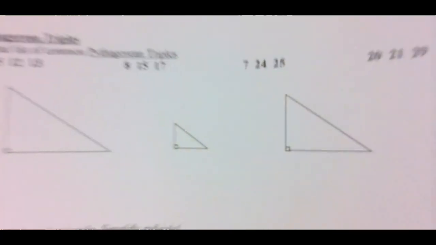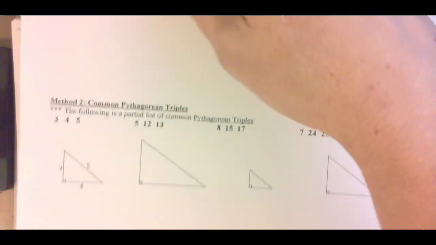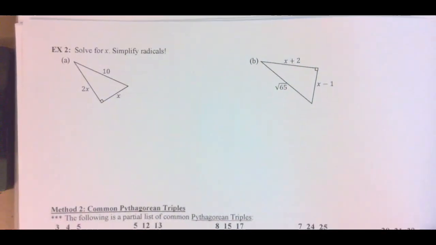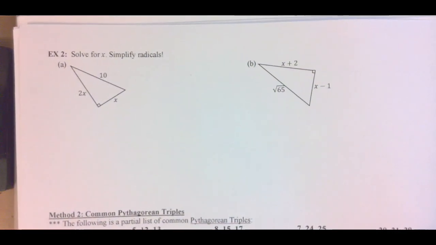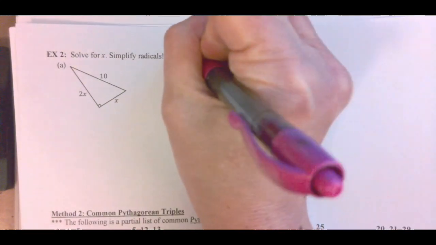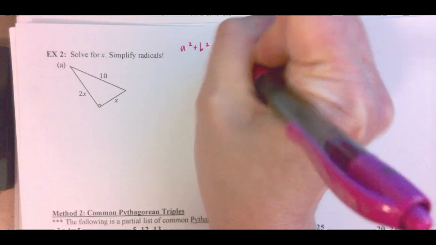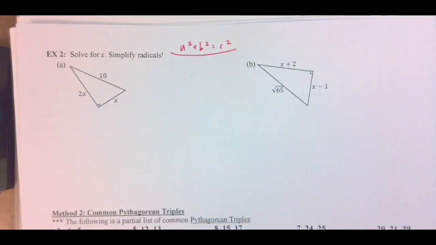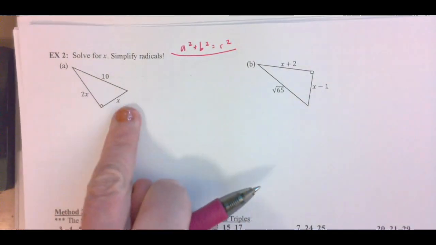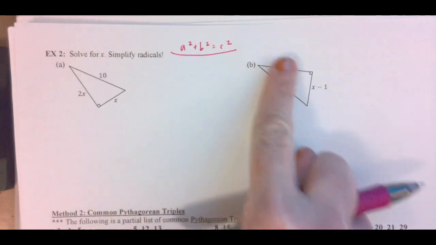All right, flip to the back. These two just incorporate some algebra. So can you solve for x? Simplify any radicals. So here again, we're just going to plug straight into Pythagorean theorem. In both of these examples, we see an x in multiple places.